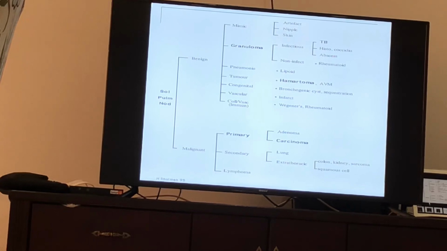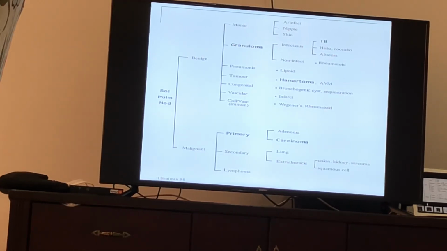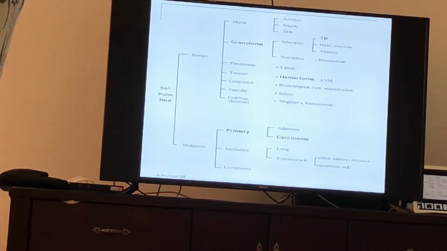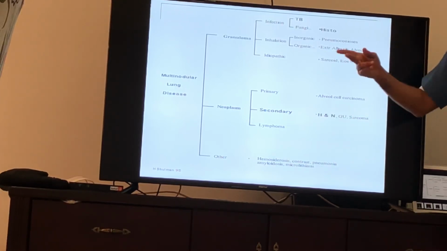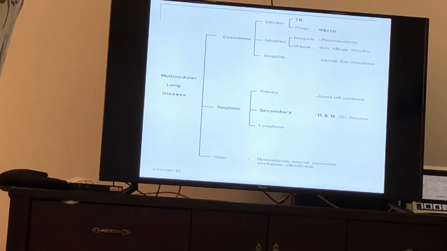Okay, this is solitary pulmonary nodule, mainly granulomas, hamartoma, or it could be carcinoma, more in the upper lobe than the lower lobe. Multinodular is the same: TB, histoplasmosis, and secondary instead of primary, that's the difference. When you have a solitary nodule you think more bronchogenic; if it's multiple you think more metastatic.